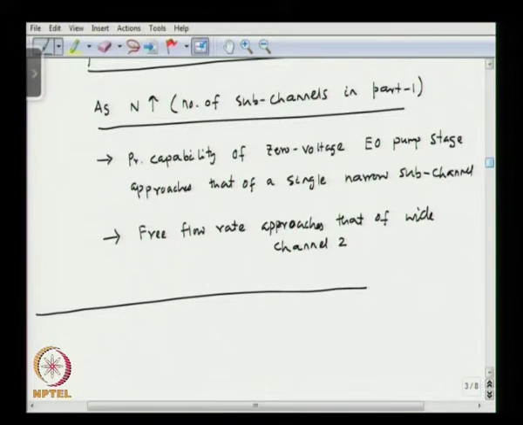And it is possible to join several of these stages in series, so that we can increase the pressure capability of the micropump further. So, we have considered just one single stage, and we saw that as we increase the number of sub channels, the pressure capability is going to be that of a single narrow sub channel, and the flow capability will be that of the wider channel, which is the channel 2, part 2 of the micropump.